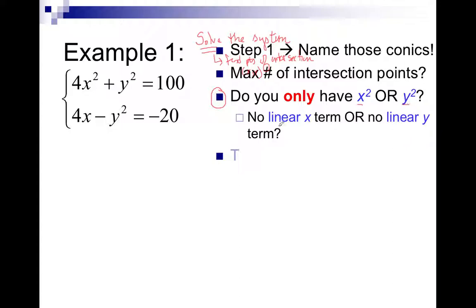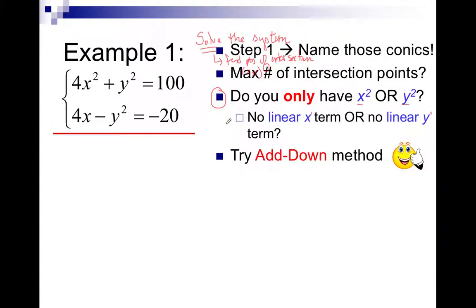In other words, I have an x squared but no x to the first, or I have a y squared but no y. If that is true, I can use the add-down method. And I want you to look at this example here. Notice that I have a 4 and a 1. This is an ellipse.